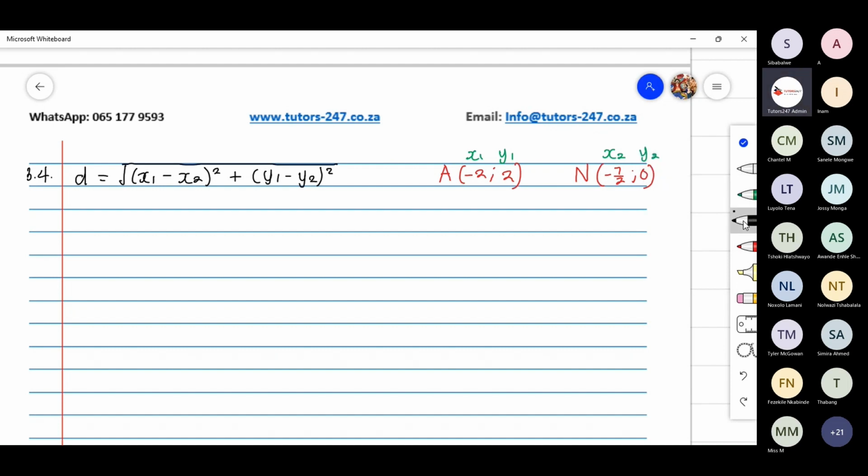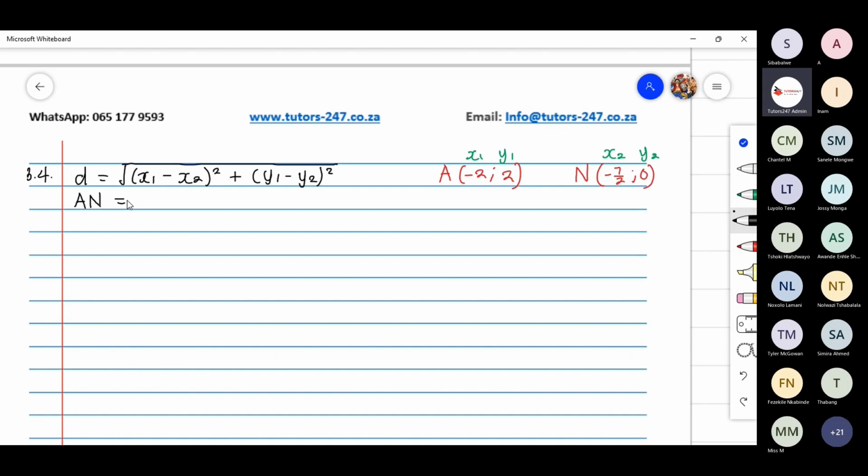So from there, all I'm going to do is substitute into the formula. So because I'm calculating the length AN, in place of D, I'm going to put AN. Now, from here, always remember you need to bring down the root sign.